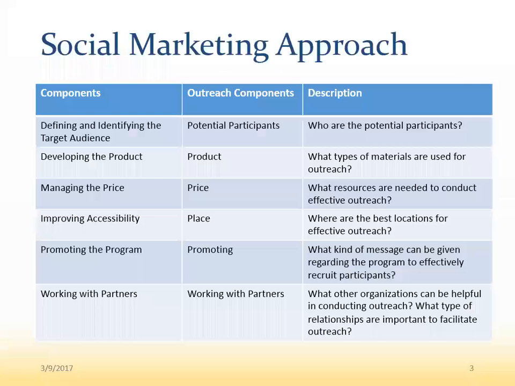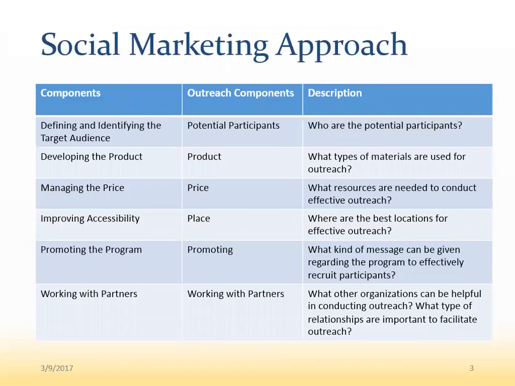Okay, so moving on. This is just a reminder that the social marketing approach includes the 5 Ps. So we look at potential participants, how you identify individuals who are meeting your criteria.